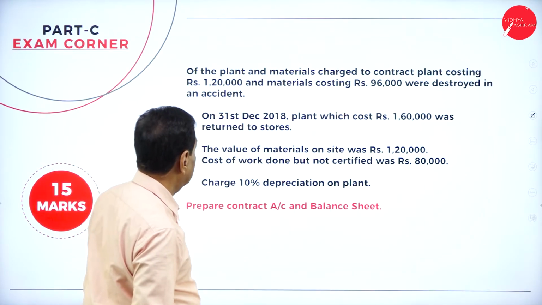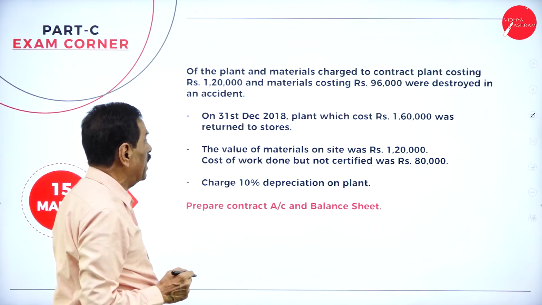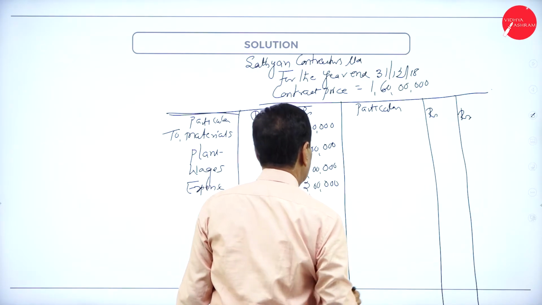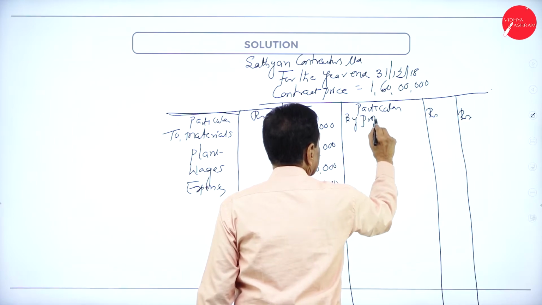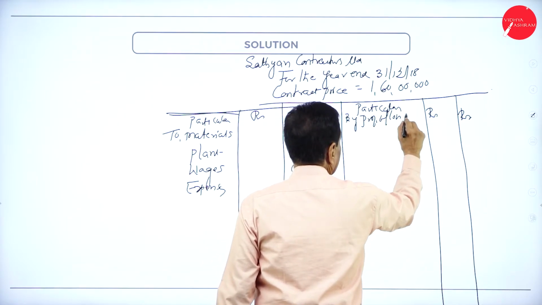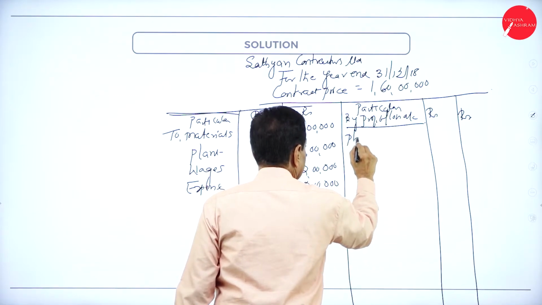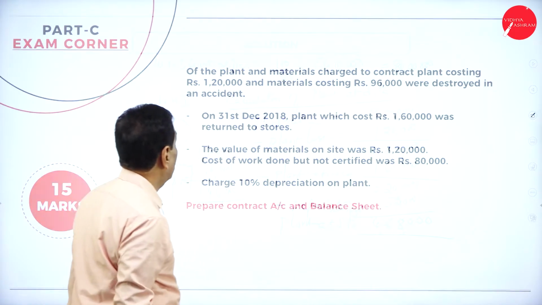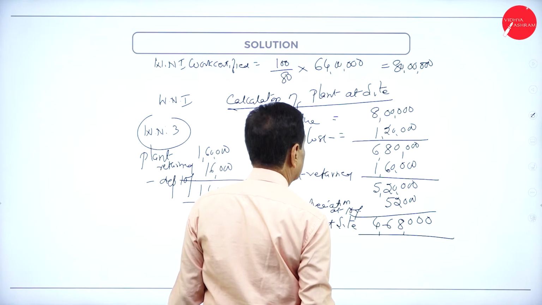What is the first sentence they say? Of the plant and material charged to contract, plant costing 1,20,000 and material 96,000. So next, by profit and loss account, plant lost. What's the value of the plant lost? 1,20,000.